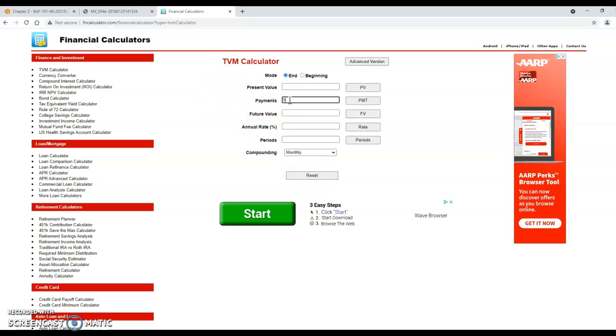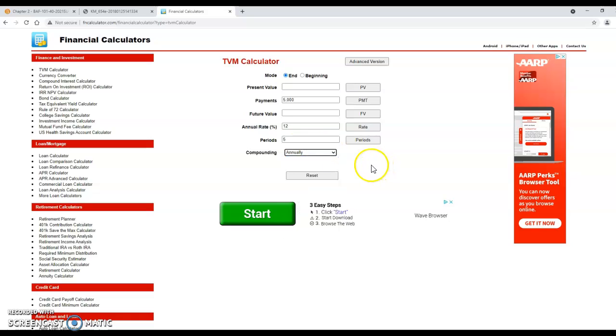Okay, so we have 5,000 as our payments. That's what we're using in place of rents. They're calling them payments. Okay, and 12% and 5 years.